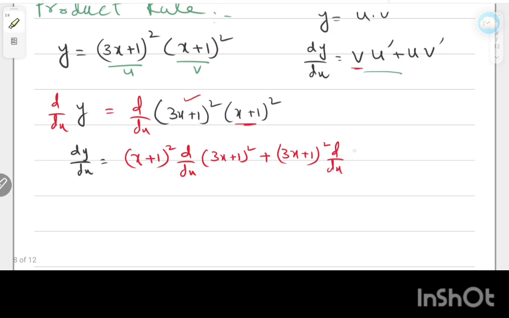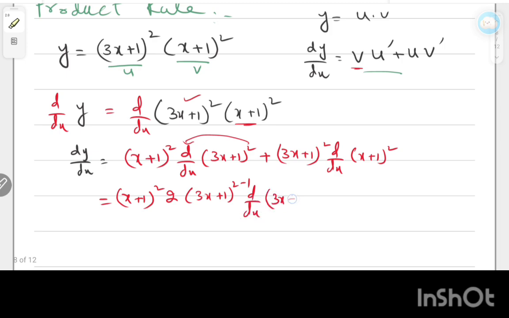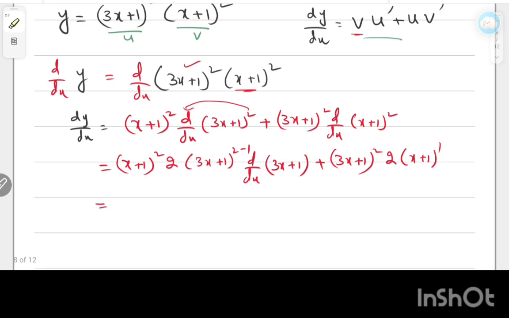Now take the derivative of the second term, (x plus 1) square. Because the power is 2, the 2 comes at the start: 2 times (x plus 1), power 2 minus 1, then the derivative of x plus 1. For (3x plus 1) square, its derivative is 2 times (3x plus 1), with power 2 minus 1 which will be 1.